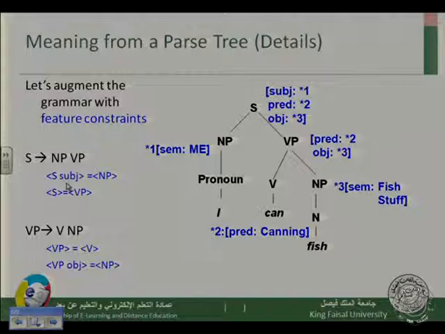So all of these are called feature constraints. We constrain the meaning. We constrain the part of the language so the computer understands it in this way. So the computer cannot understand anything else but what's been told to it.